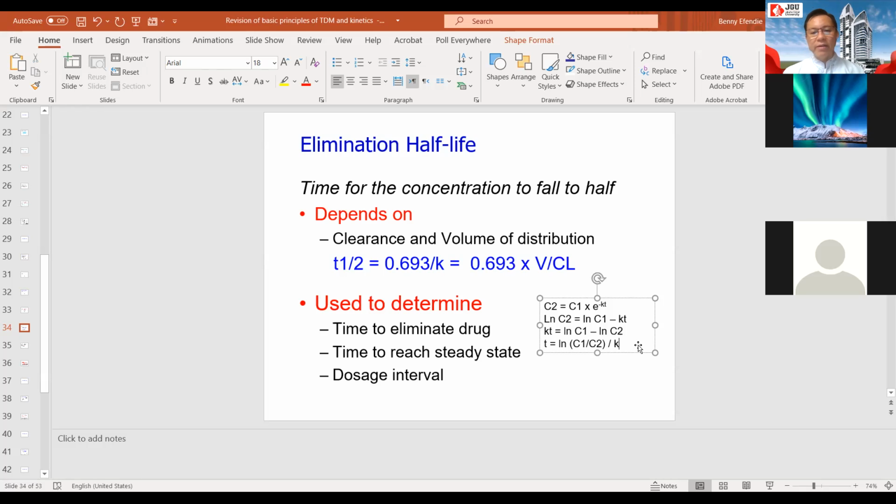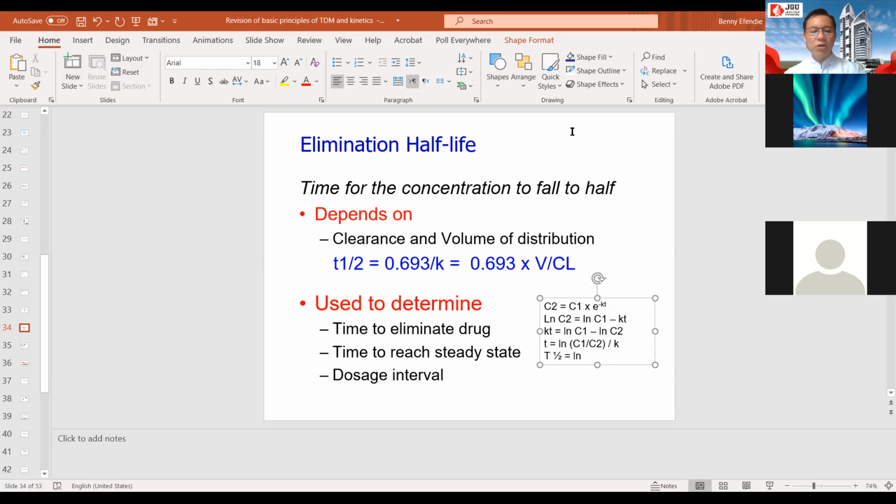If it is T half, it means the concentration falls to half. So let's say C1 is 2 milligram per liter and C2 is 1, or we say 4 to 2, 4 divided by 2 is 2.